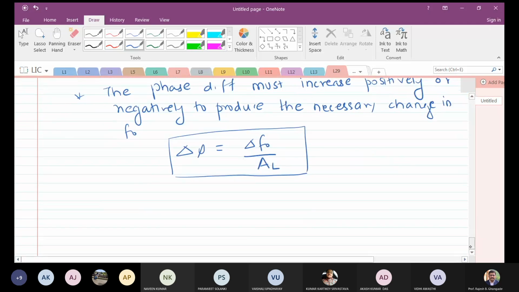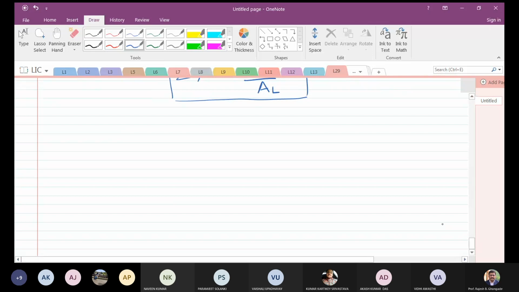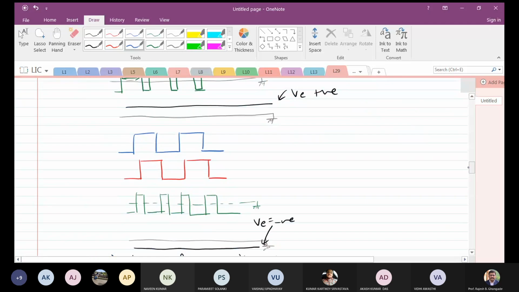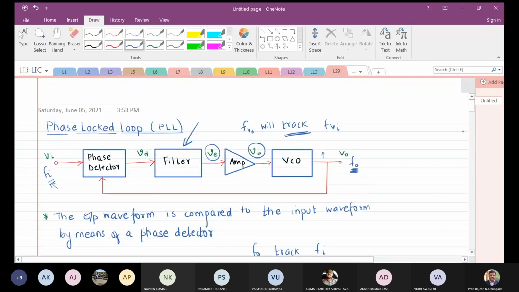So now, if you look at the same figure again, which we started off with, here I'll try to remove the things so as to reduce the clutter.